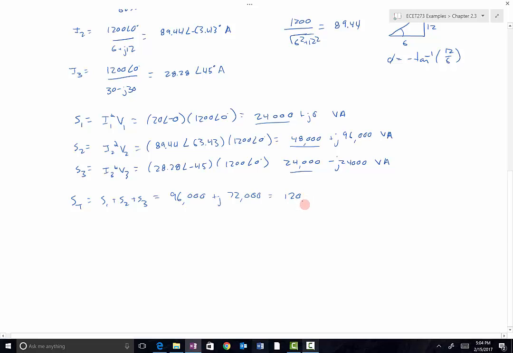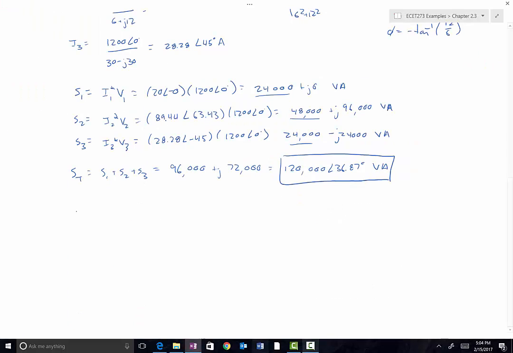If I put that in polar form, that's 120,000 at an angle of 36.87 degrees volt amps. So that's the final answer for total apparent power sourced by the load.